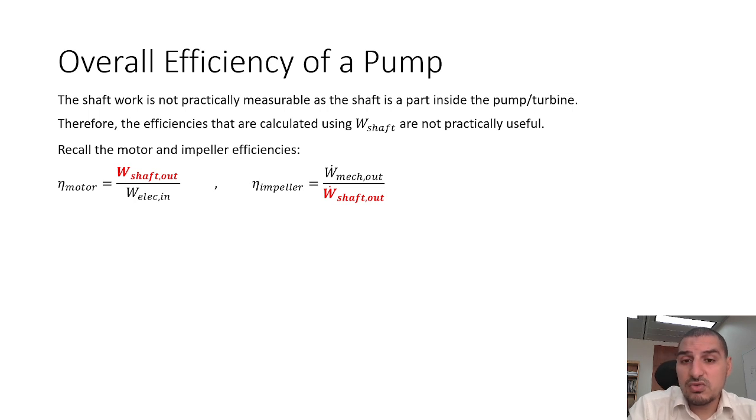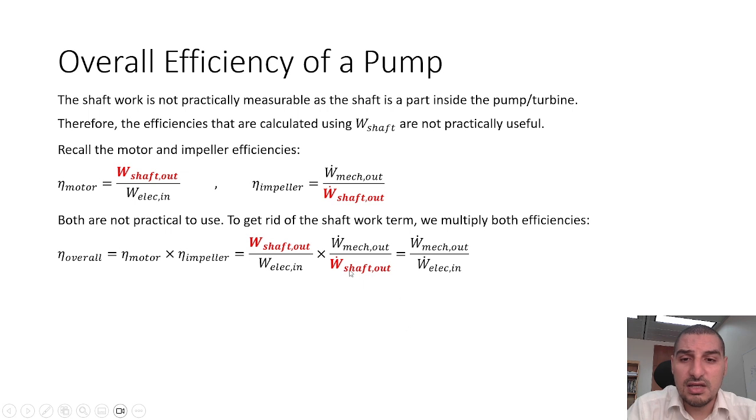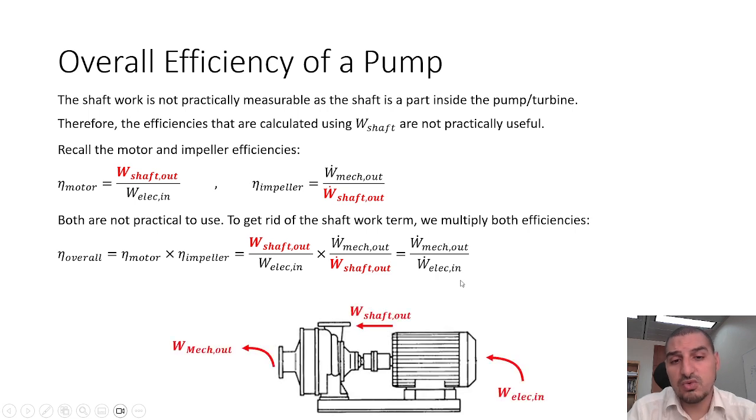So in order to make the efficiency a more practical term, we need to get rid of the shaft work. And to get rid of it, it's very simple. By looking at these two terms, if you multiply them together, you end up with the mechanical work to the electric work in. So it's the ratio of the mechanical work out to the electric work in. And now we don't have any shaft work in this term.